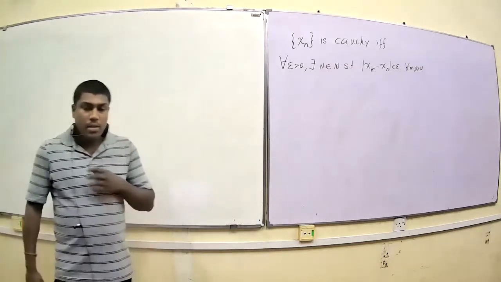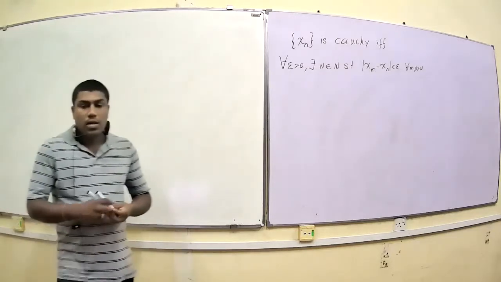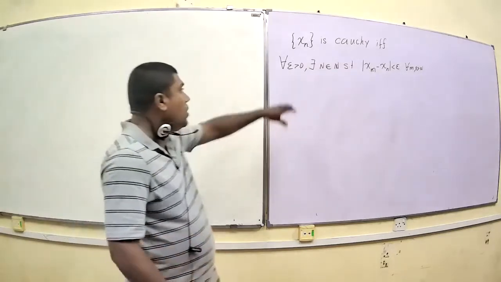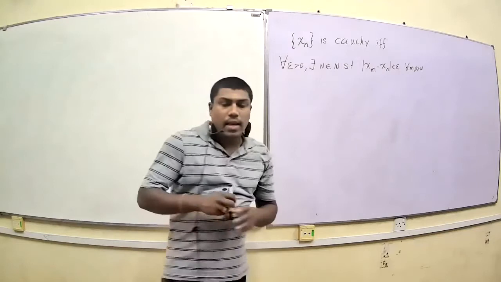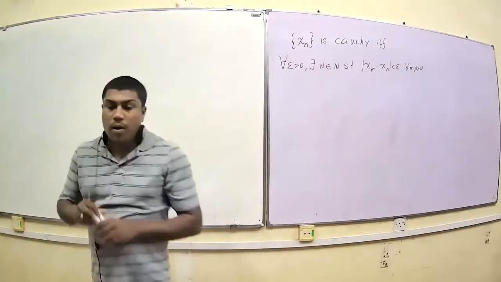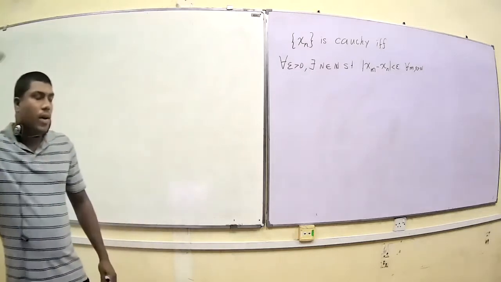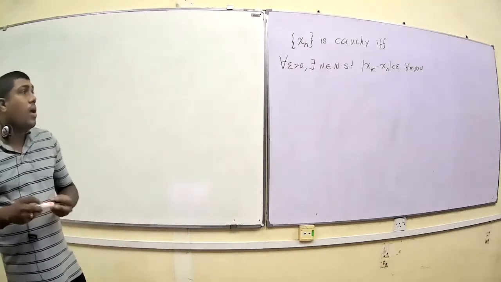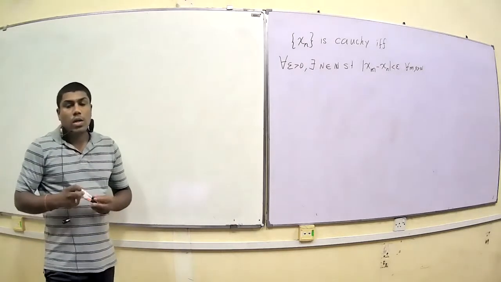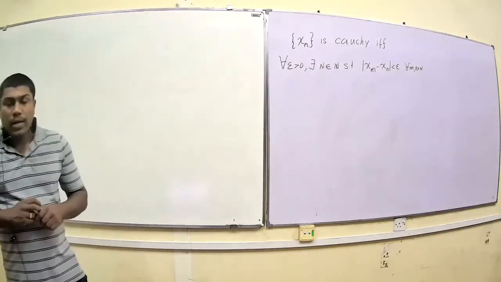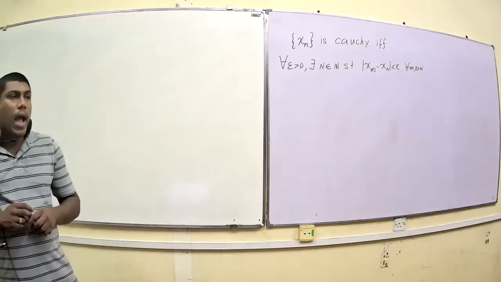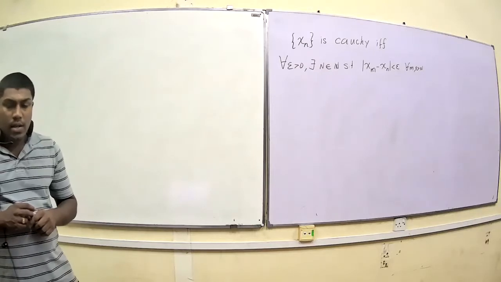Now what we studied last time is about Cauchy sequences. This is how we define a Cauchy sequence. We say that xn is a Cauchy sequence if and only if after a certain milepost, any two components of the sequence are as close as we please.